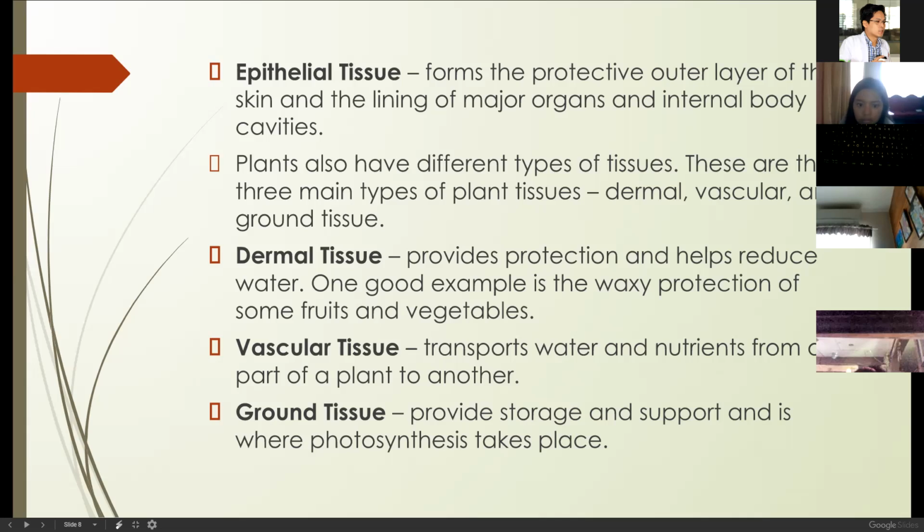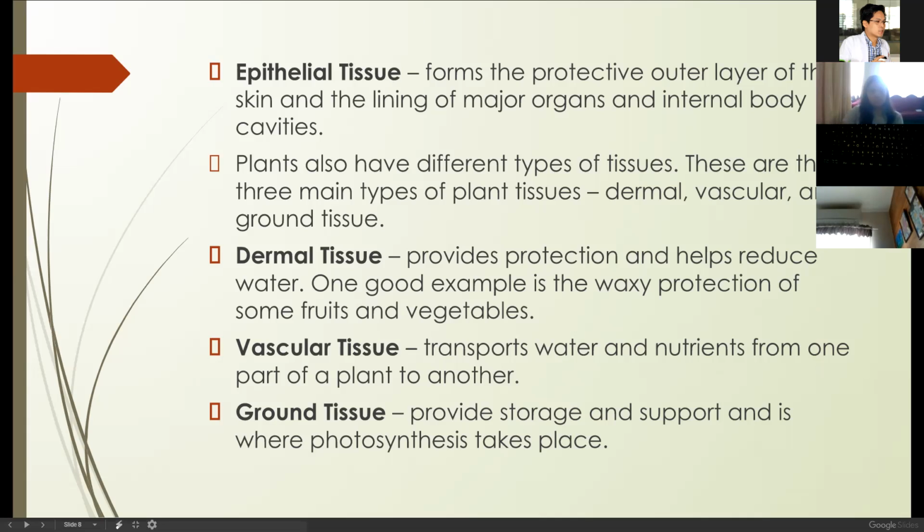Dermal tissue provides protection and helps conserve water, because remember that your plant needs water. That is why it needs a dermal tissue, to protect the plant from dehydration, to reduce the water evaporation.